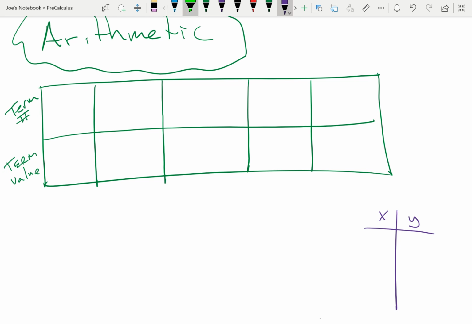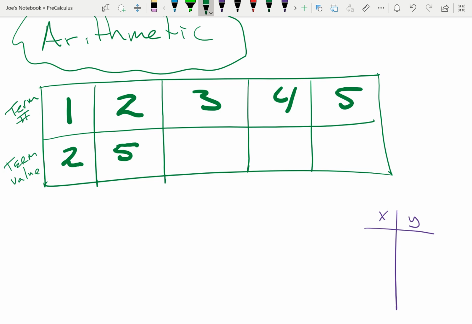Over here, for my term number, I have my first term, my second term, my third term, my fourth term, my fifth term. See if you can help me out. If my first term is 2 and my next term is 5, and I'm generating an arithmetic sequence where the thing I add from my first term to my second term is exactly the same, what would my next term be? 8, 11, 14.